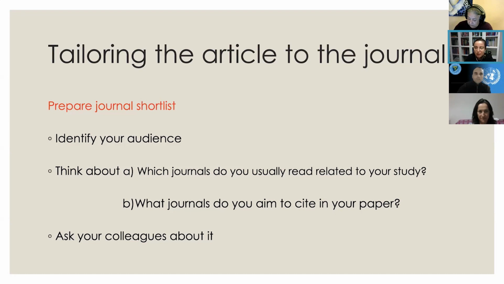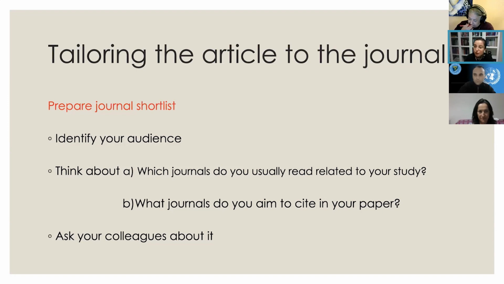That's important because your study will most probably be published in these journals. The second question that you should always think about is what journals do you aim to cite in your paper? This can also help you better understand the type of journals your paper will be suitable for.